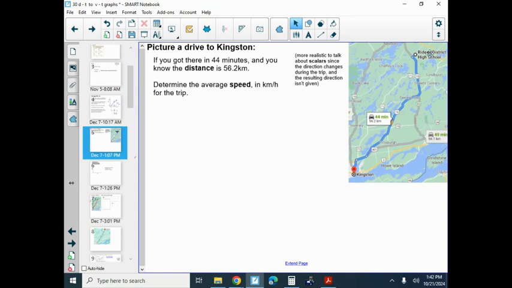a little example here of my home high school to Kingston. Google says it's about 56.2 kilometers, right? So if we were calculating the average speed, then instead of being velocity and displacement and so on, it's going to be speed and distance traveled, right? So just notice that now, if we're looking at average speed, we're looking at the scalar version of things.